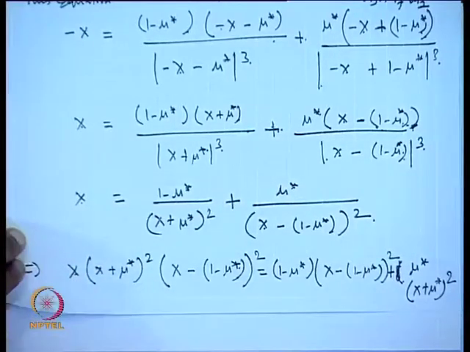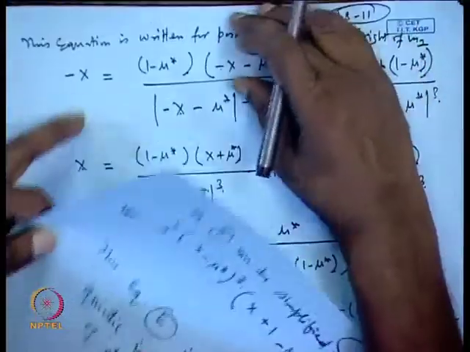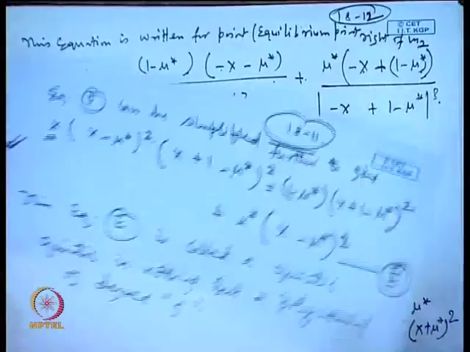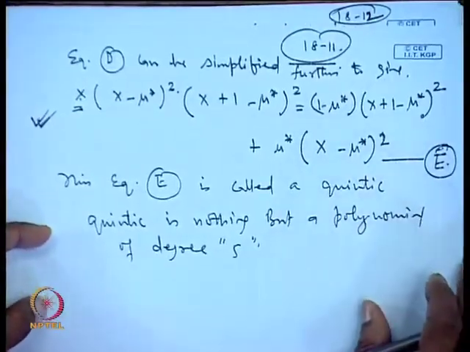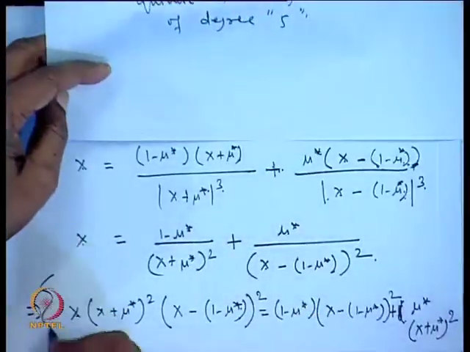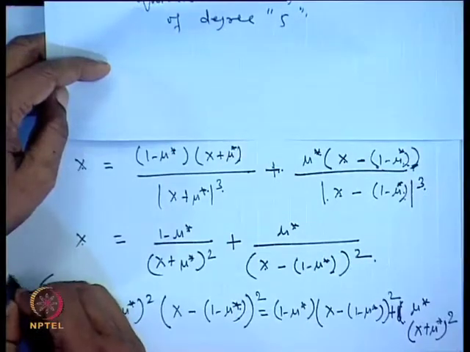So this equation we can write as 11, this is 12. So this was equation number E. So this we term as equation number F.